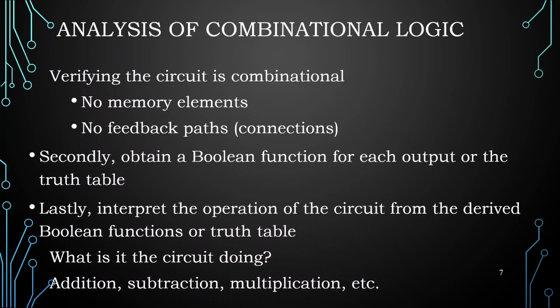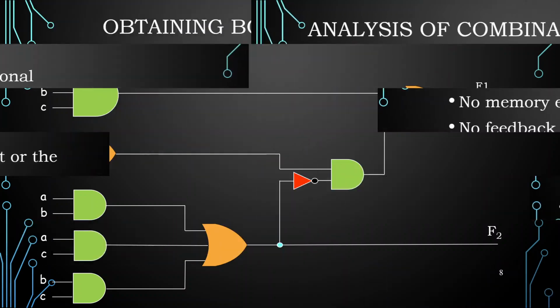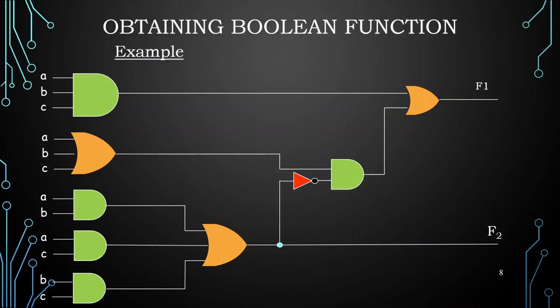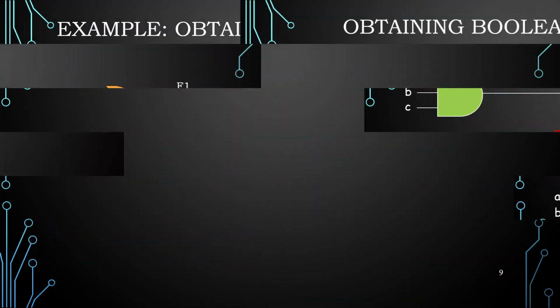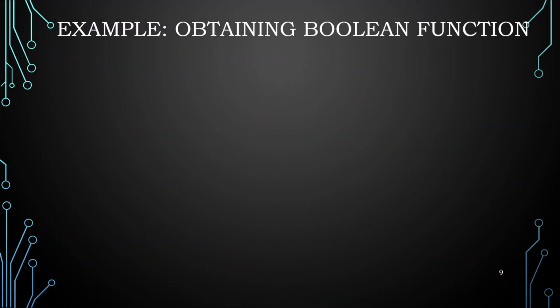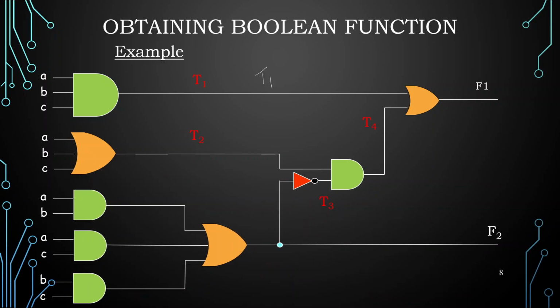Now we will look at an example circuit. Here is the circuit, here is the AND gate. Try to find the output here, let's say T1. Next find the output here, then T3. Then you combine them and get the output T4. Combine all of them together and see what this is. Is it not A dot B dot C, the AND operation?